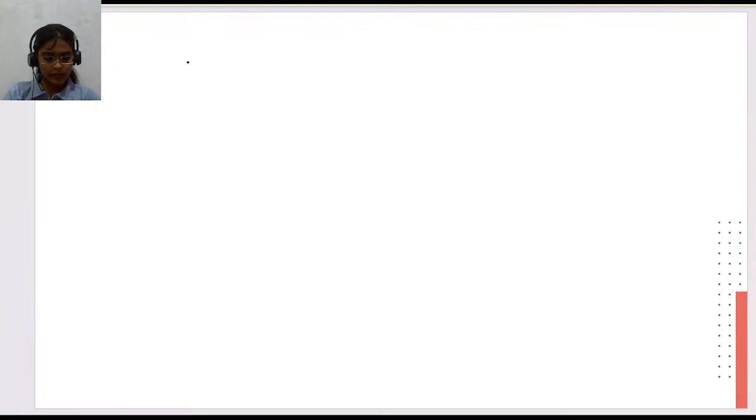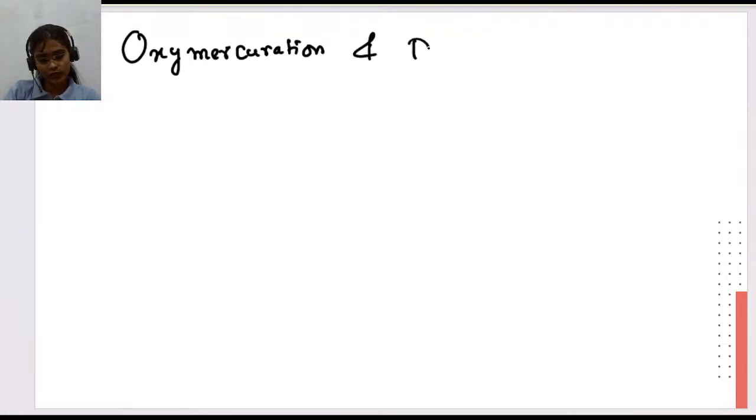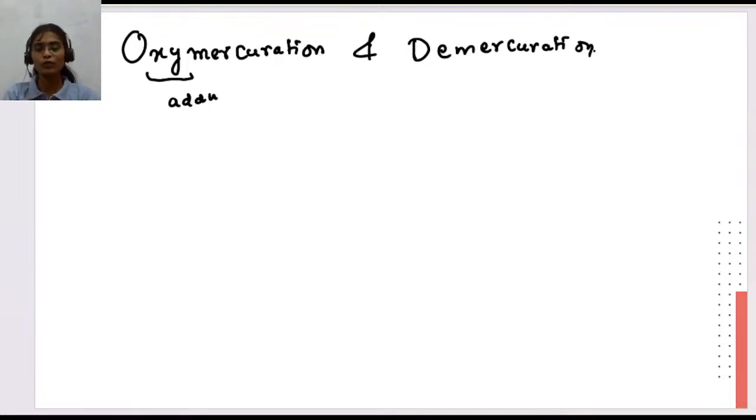As the name suggests, something is connected with oxygen addition: oxymercuration and demercuration. De means removal, so oxy represents addition and de represents removal. In one part we discuss the addition of mercury and in the second, the removal of the mercury.